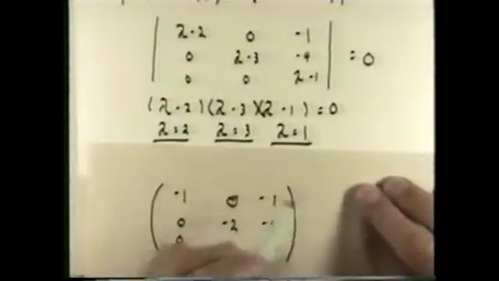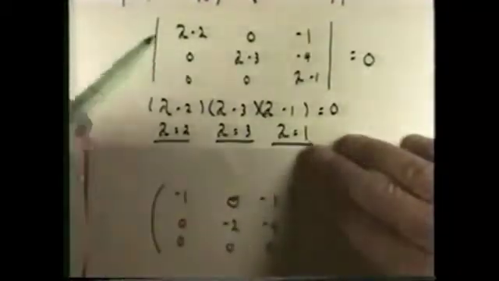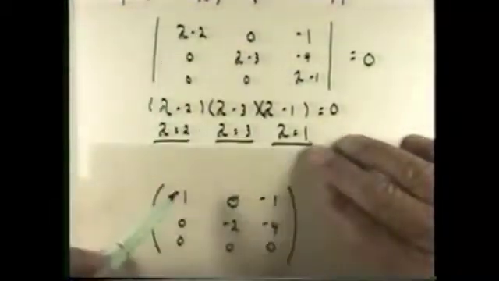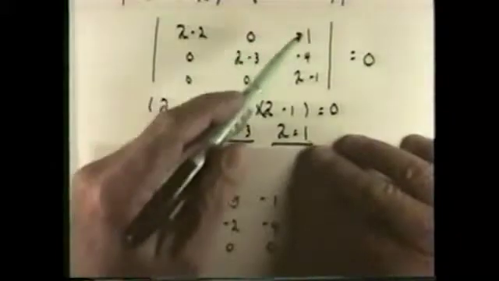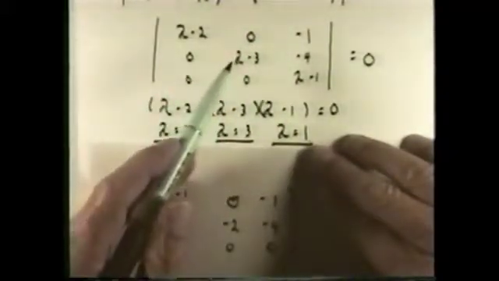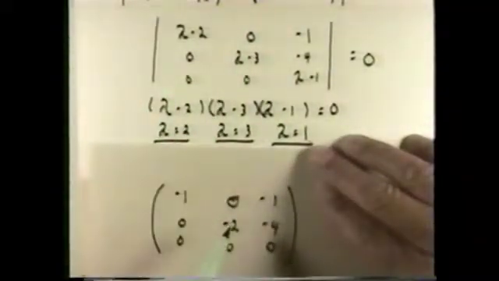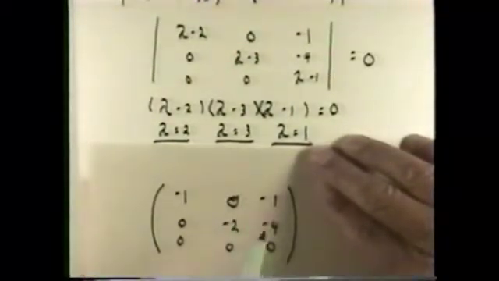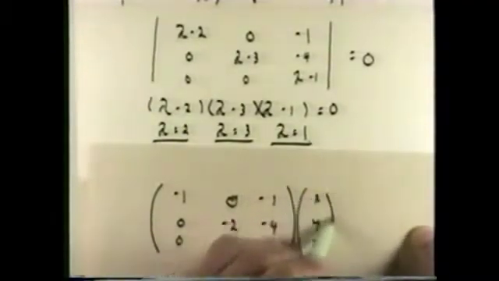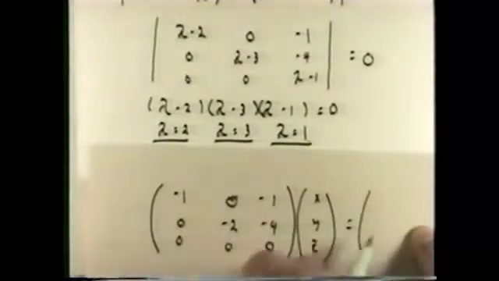Now let's check this one before we continue. We're doing lambda is 1. So 1 minus 2 is negative 1. Then 0, negative 1, 0. 1 minus 3 is negative 2. Then that'd be negative 4. 0, 0. 1 minus 1 is 0. Times the x is equal to 0.